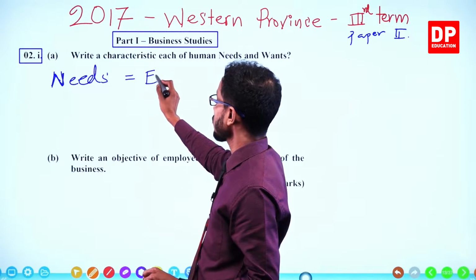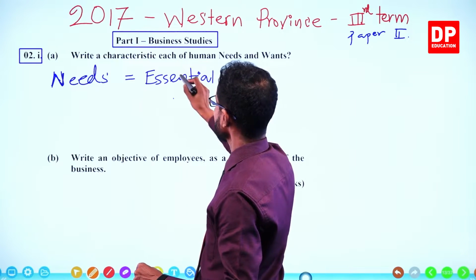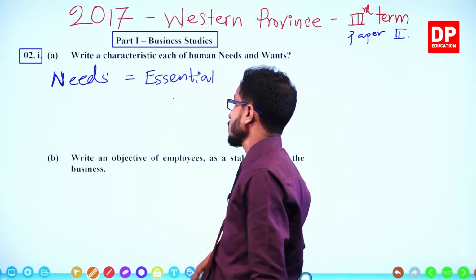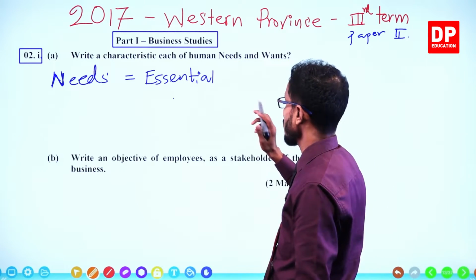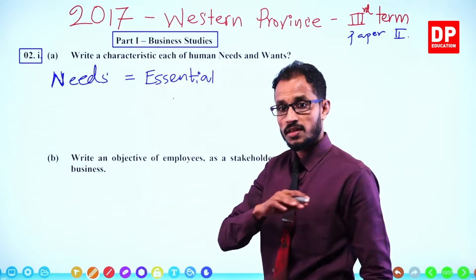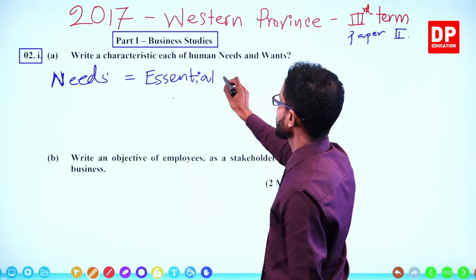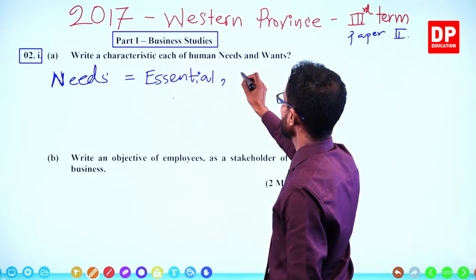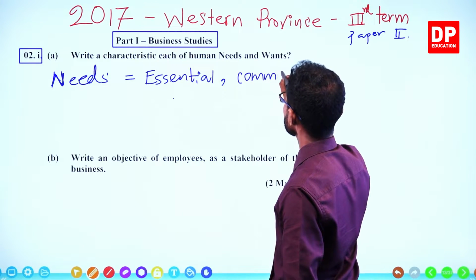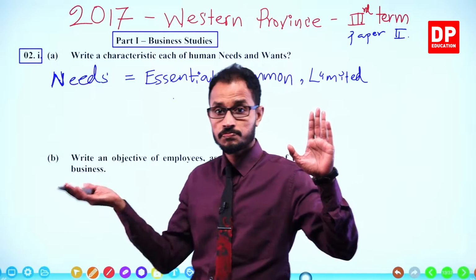First, let's write the important ones. Needs are essential. Needs are common to all. Needs are limited. I'm keeping it short.